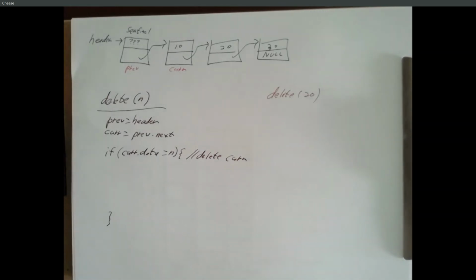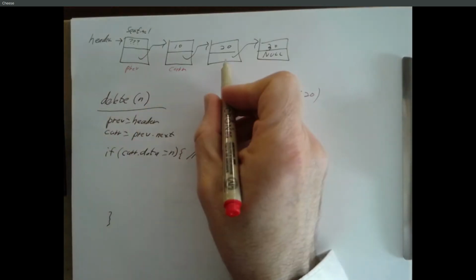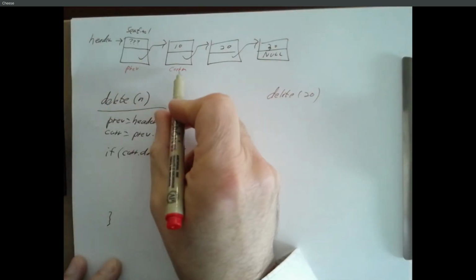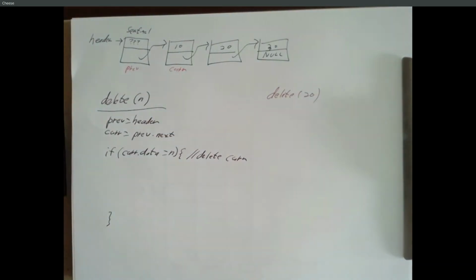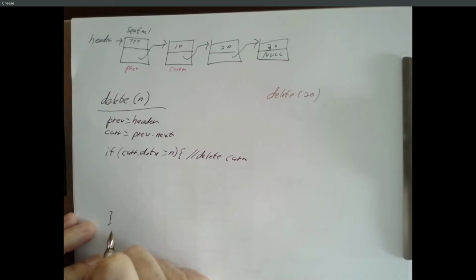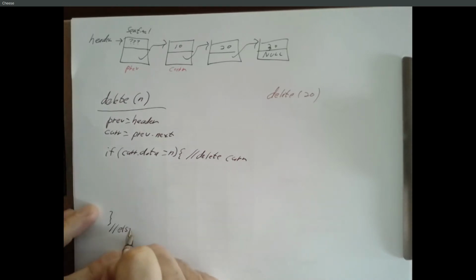Otherwise, what do we want to do? Move down the list one spot. We want to change current to be the next node, and we want previous to be the current node. So we can do that a few different ways. Let's move down list.